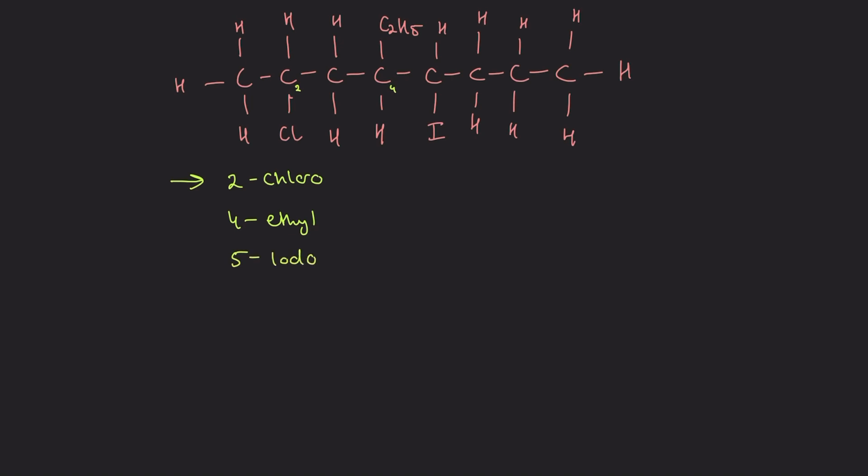How many carbons are there in total? 1, 2, 3, 4, 5, 6, 7, 8. That's going to lead to octane, all single bonds, so it's an alkane. Now, the naming. 2-chloro-4-ethyl-5-iodooctane. Done.